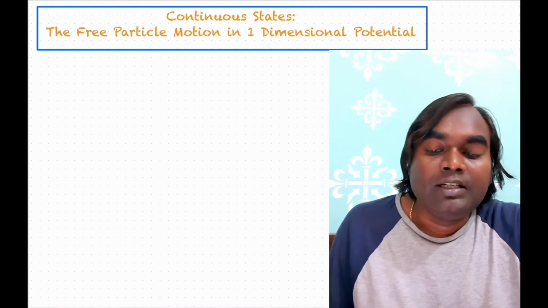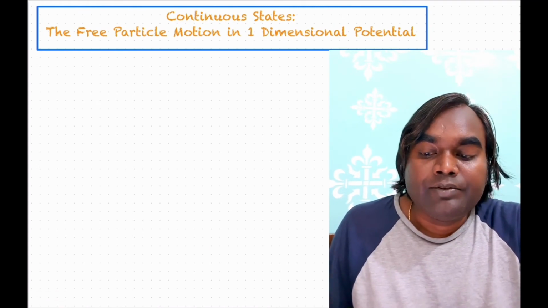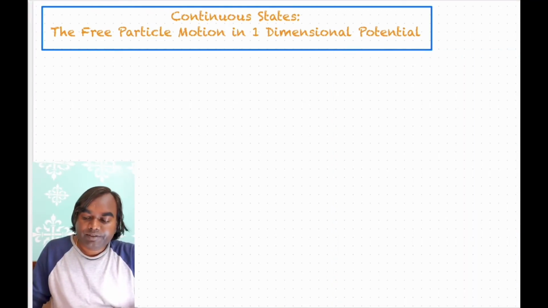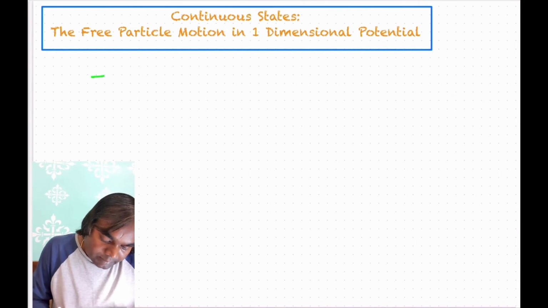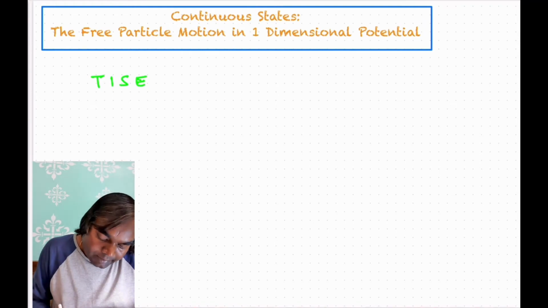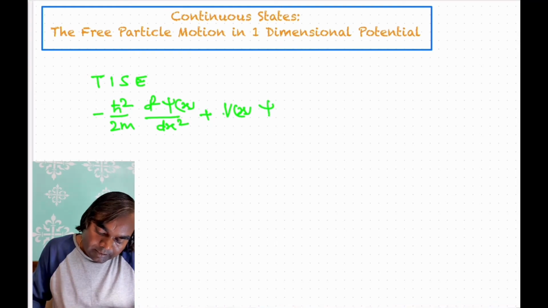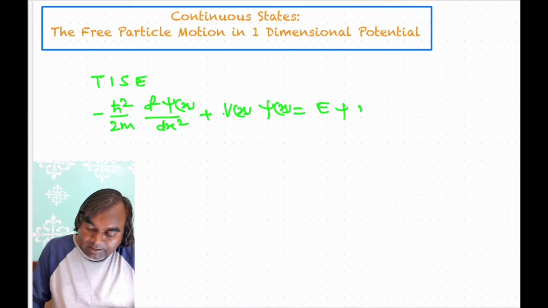Okay, now we will discuss the free particle case and we will solve the Schrödinger equation. Friends, as you know, the time independent Schrödinger equation in one dimension is given by minus h cross square by 2m d2 psi(x) by dx square plus V(x) psi(x) is equal to E psi(x).